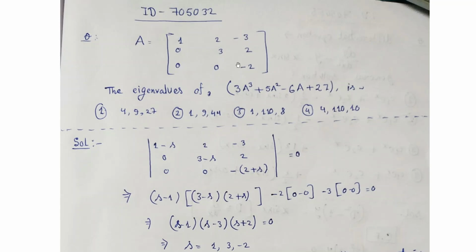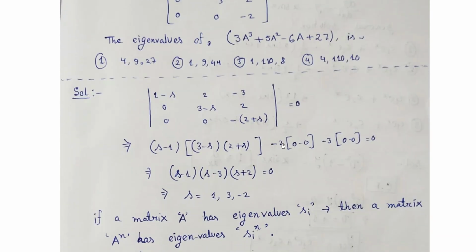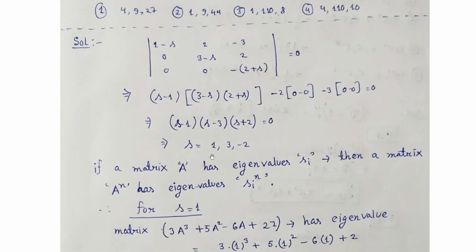This is an upper triangular matrix, where the lower triangular elements are 0. For this kind of matrix, the eigenvalues are the diagonal elements, and if you don't know that, you can easily find the eigenvalues using the usual procedure, determinant of A minus lambda I equals 0. The lambdas are 1, 3, and minus 2, the diagonal elements.